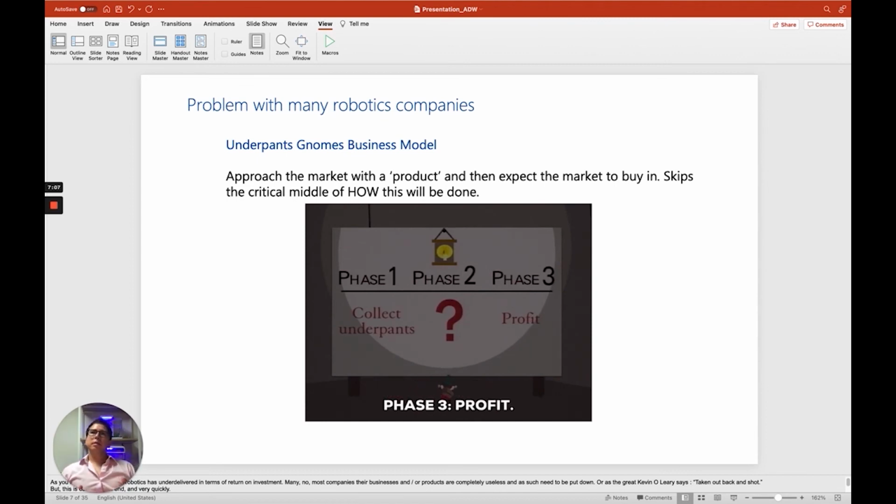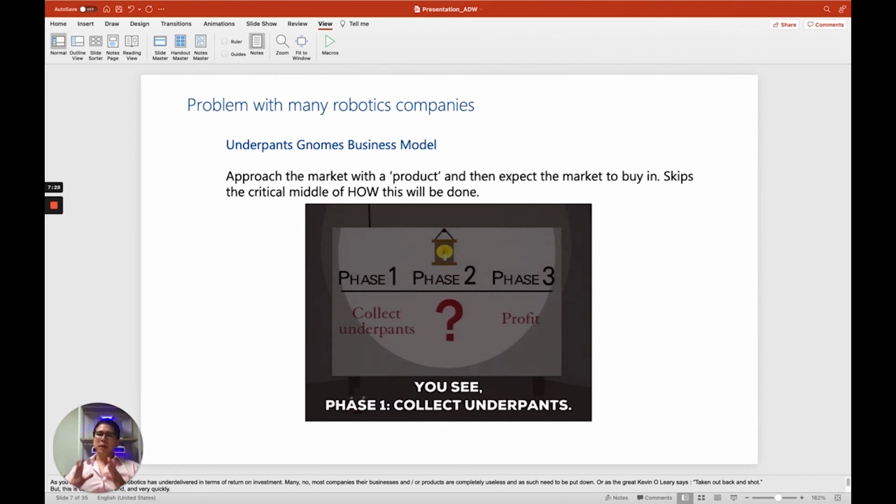Again, the promise of many robotics companies has under-delivered in terms of return on investment. And as Kevin O'Leary says, these companies really need to be taken out back and shot.